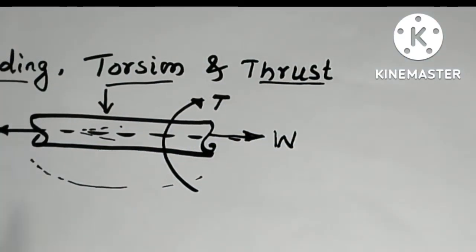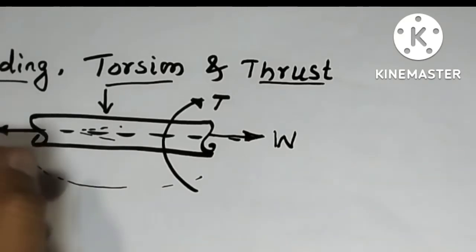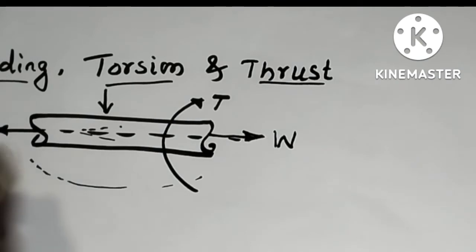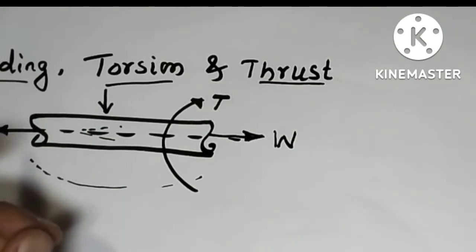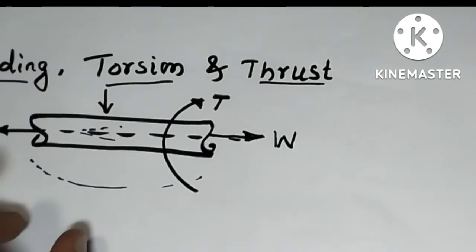Along with that there will be bending moment and there will be torsion. So that shaft can drive some gears or something. So when it's a combination of all these loads, there will be combined stresses developed.